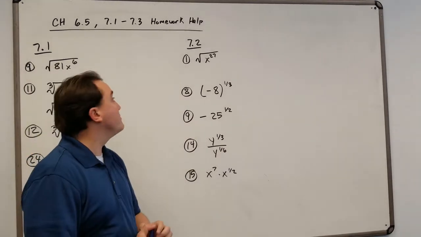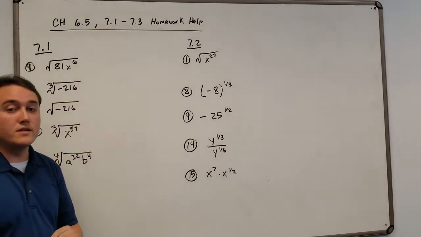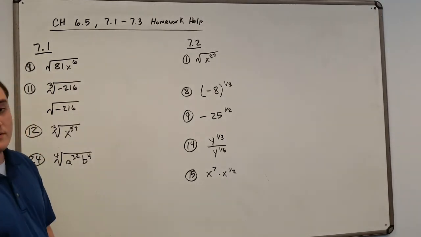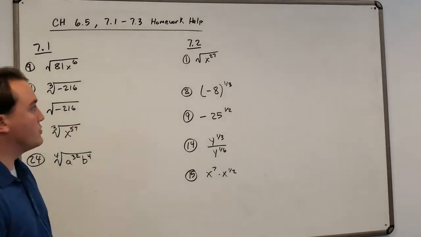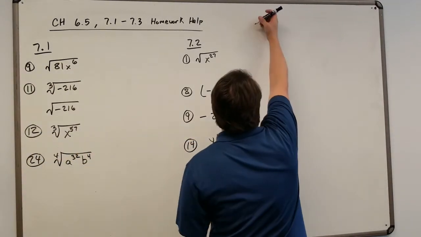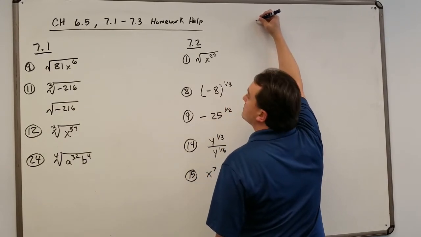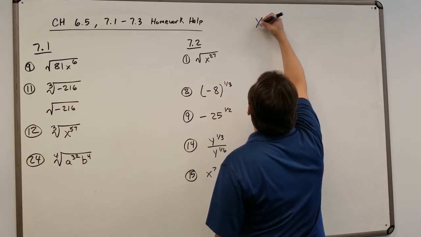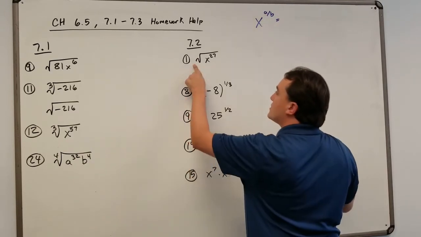Okay, continuing on. So 7.1, 7.2, well, most of 7 deals with radicals. Radicals are like square roots and cube roots. One formula that I do want you guys to know is when you have a fraction exponent, say it's a over b, you can convert that to one of these things.